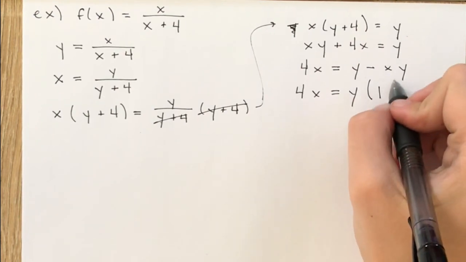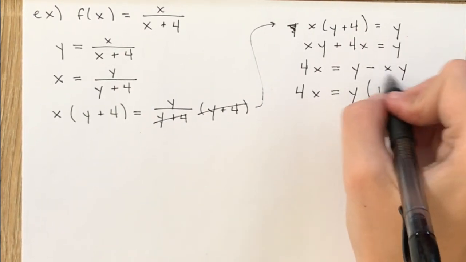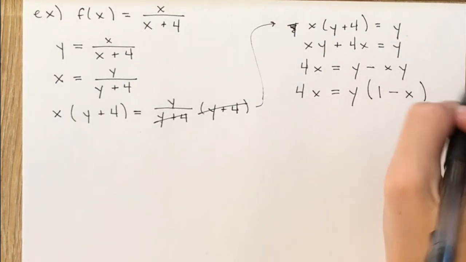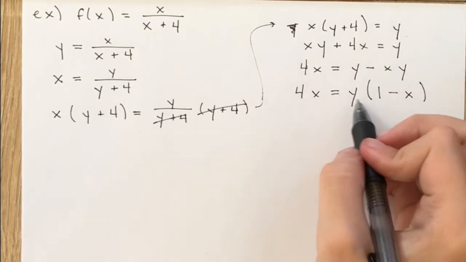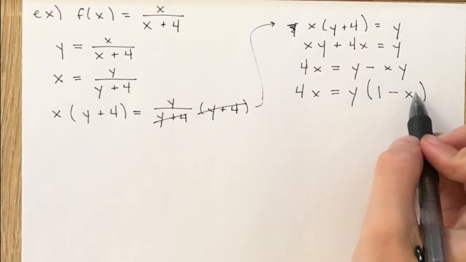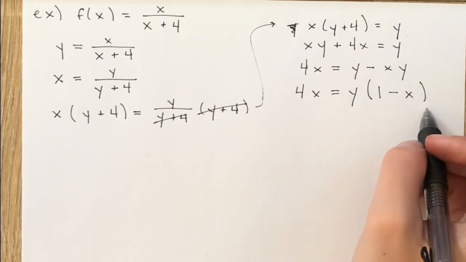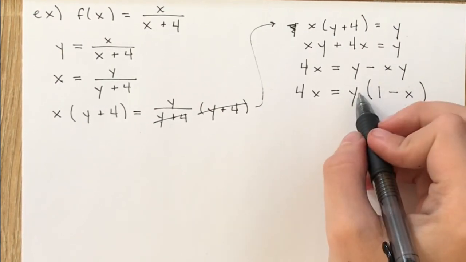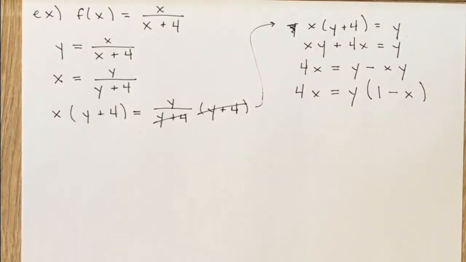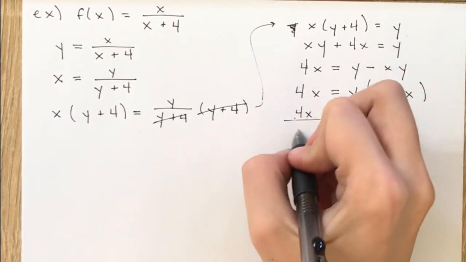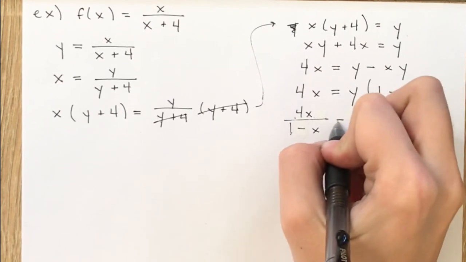Just 1. And then minus what's left if I divide by y here? Just x, right? So now I have y times something is equal to 4x. How do I get y by itself? Well, I just divide by whatever it is, right? If I'm multiplying, then I just divide to undo it. So I have 4x divided by 1 minus x equals y.